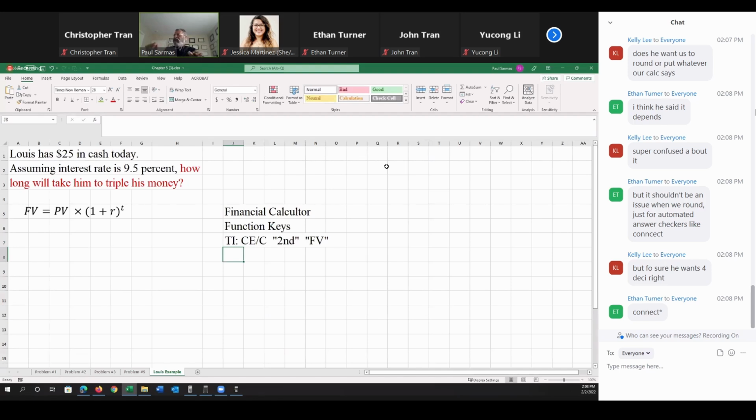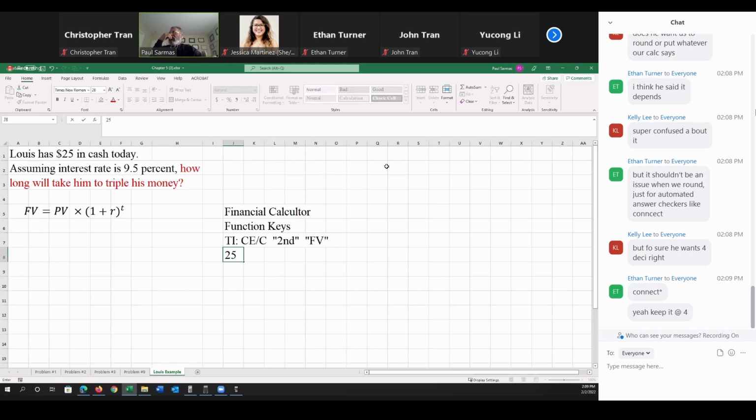Okay, so this time you have $25 today. Change the sign on that, and you put present value. Then they say you will triple this money. Meaning what? 25 times 3 is equal to, you triple it.